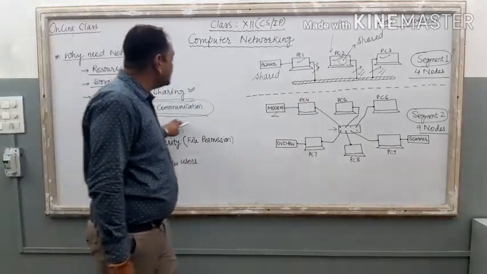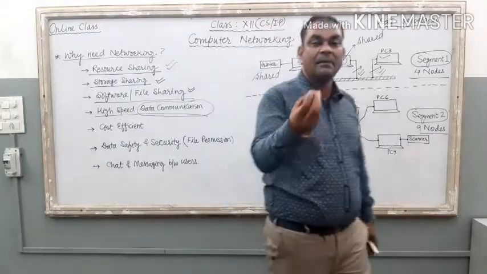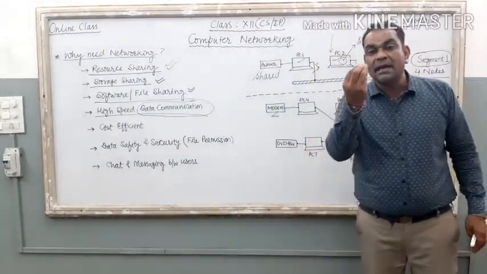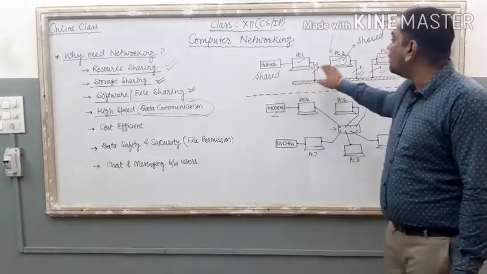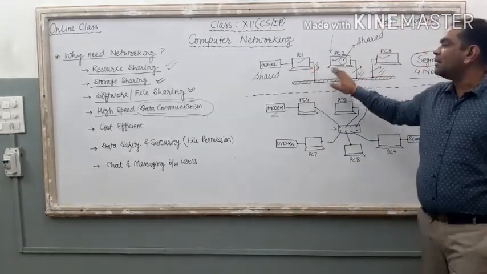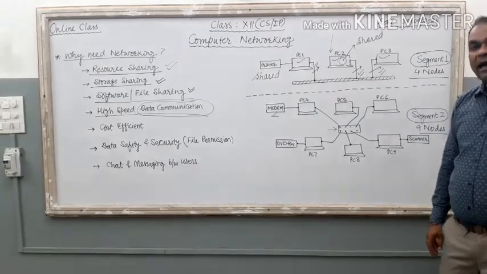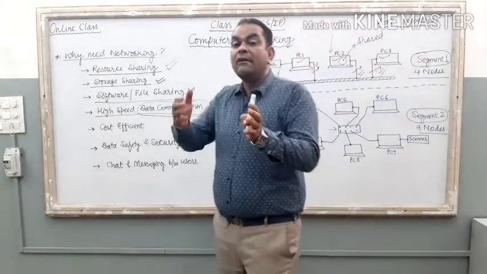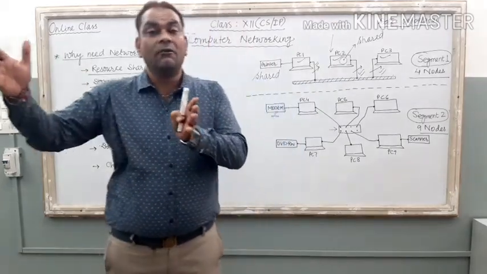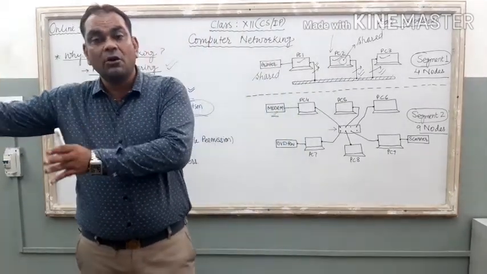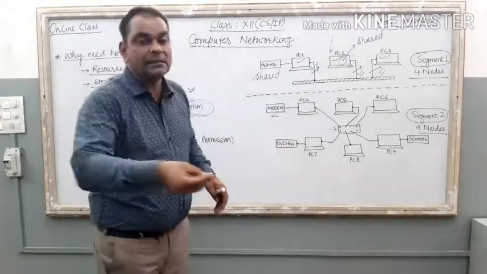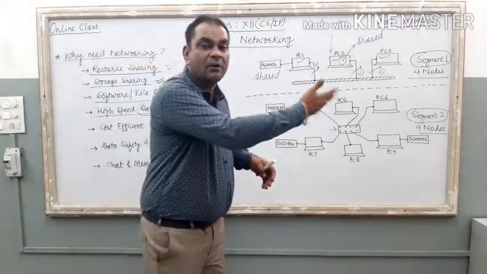Now here, high speed data communication. High speed means what? I want to send 5 GB of data to all my networked computers. For 5 GB of data, if I copy it into a pen drive, it will take a lot of time to first copy to the pen drive, then I sit with different PCs, attach the pen drive and paste the files into each computer.